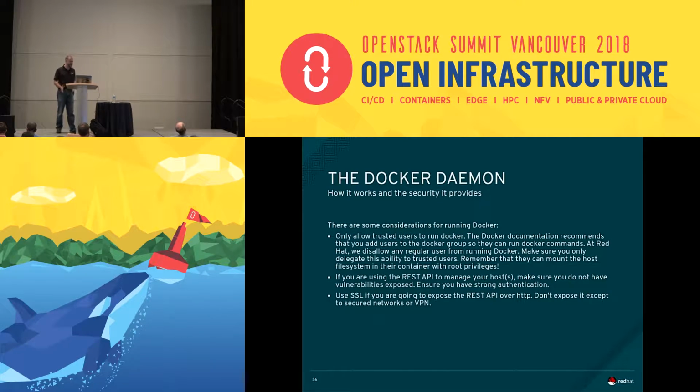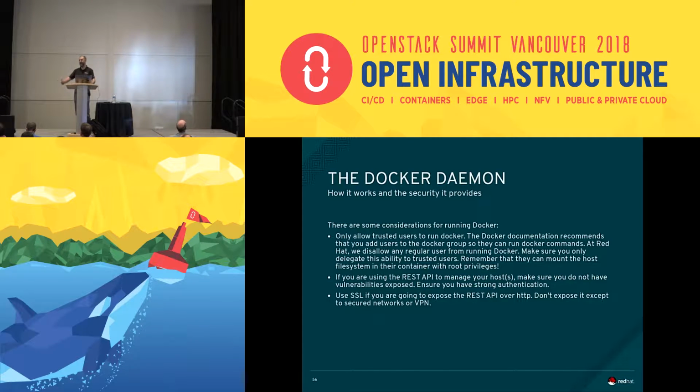A few considerations when you are using Docker. It is a very privileged process. It is manipulating the state of your host at a very deep level. So you don't want to allow untrusted people to just SSH in and run Docker.